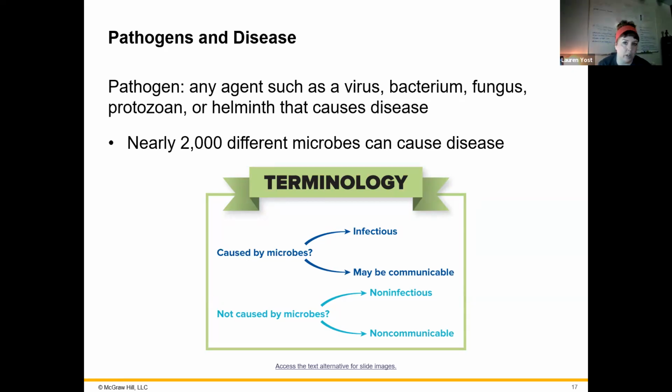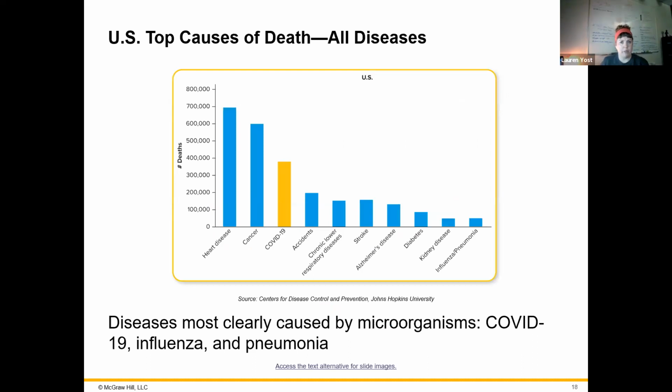Like cancer is not a communicable disease for the most part. Certain cancers can be, but just in general, speaking about that, heart disease and stuff like that, not microbes there, right? So these are the most common top causes of death in the United States. And next, we're going to show a graph for the entire world, just so you can keep that in mind of what's coming up, so you can compare the two if you want to.